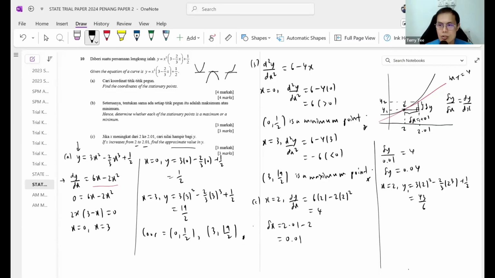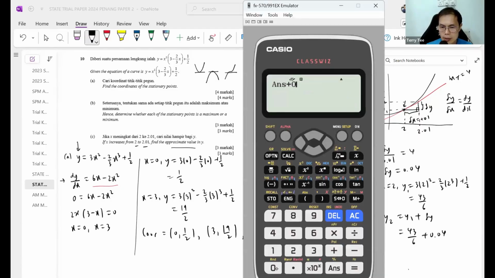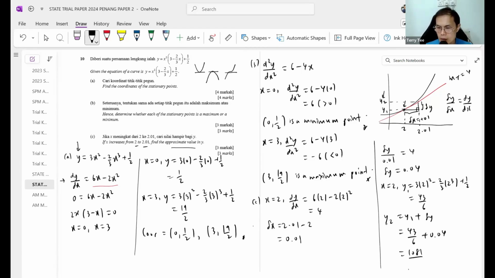So when you increase your y1 by delta y, which is 0.04, you will get your y2 or your approximate value. Your y2 is y1 plus delta y. Your y1 is 43 over 6. Your delta y is 0.04. Take this plus 0.04, the value is 1081 over 150. It's not a nice number, because it involves a fraction. Very ugly fraction, but it's okay. I think we can just leave it like this as a fraction.